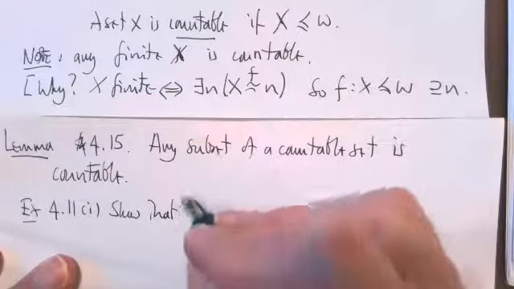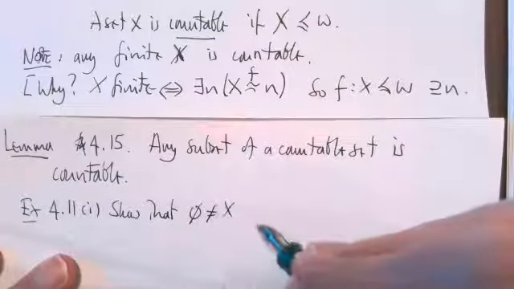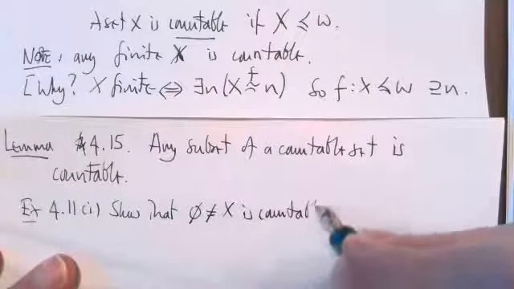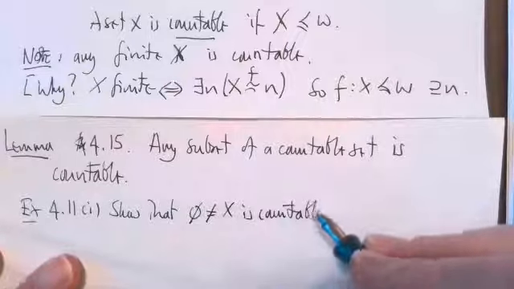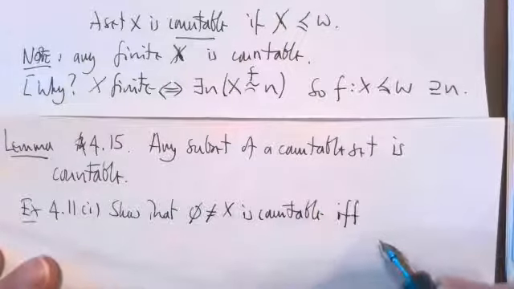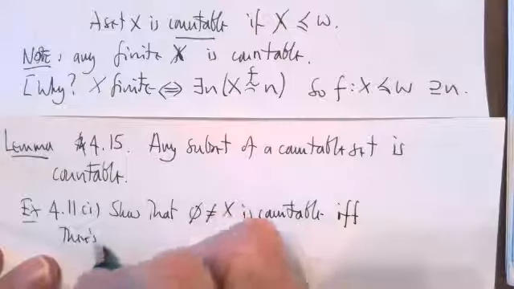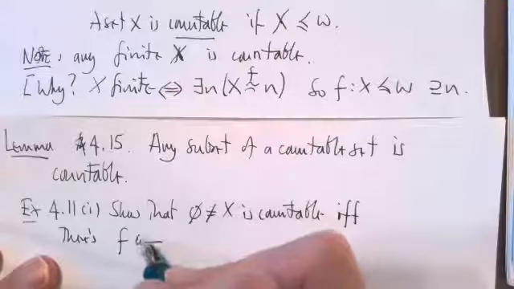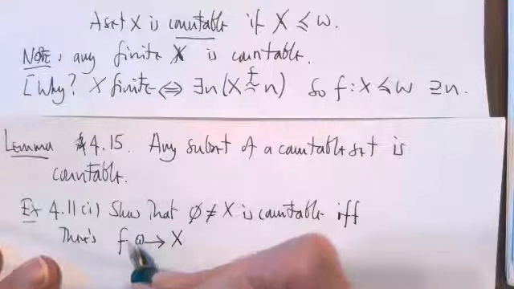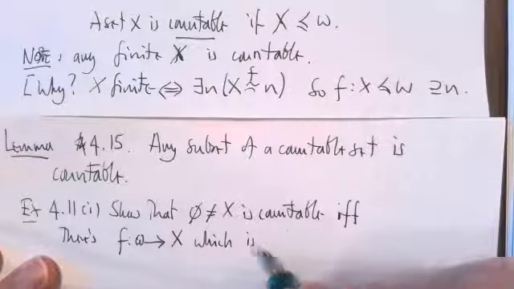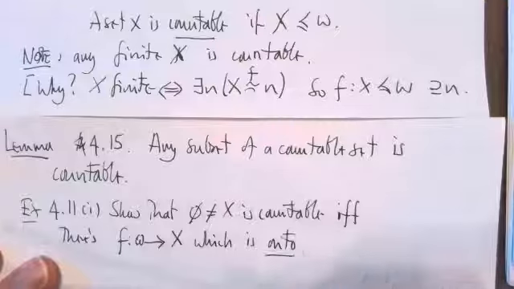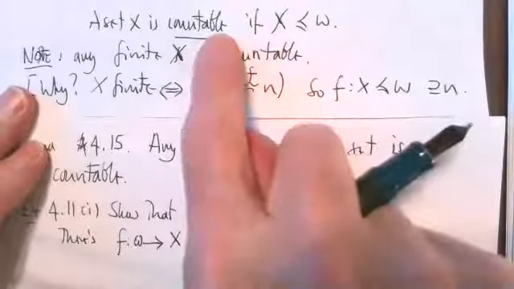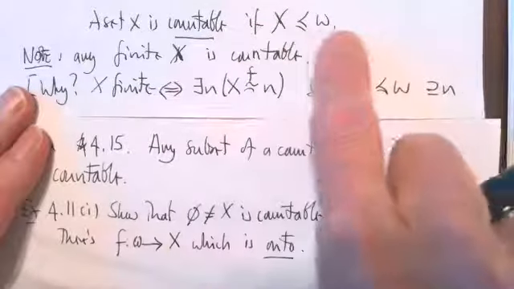Suppose I've got a non-empty X here. So being countable is an equivalent way of saying it if there's a function from omega onto X. The definition of countable was that there was a one-to-one map from X into omega.